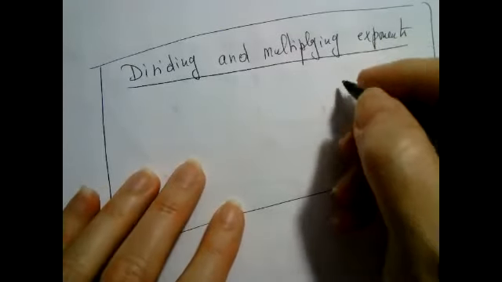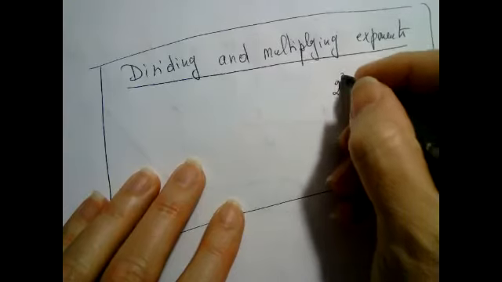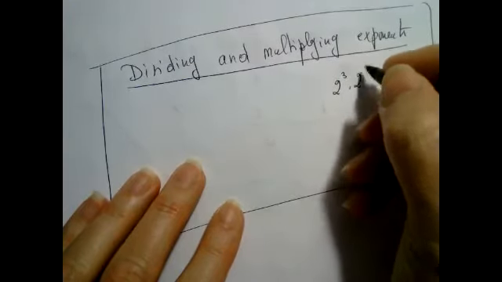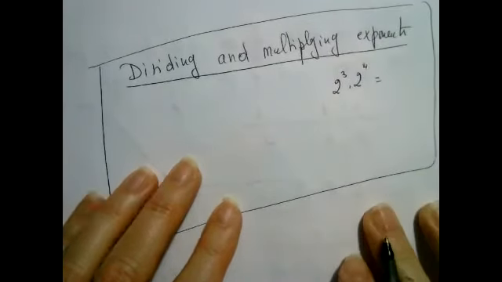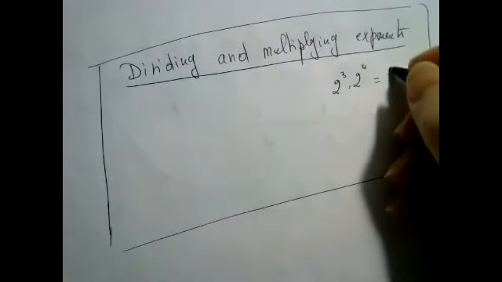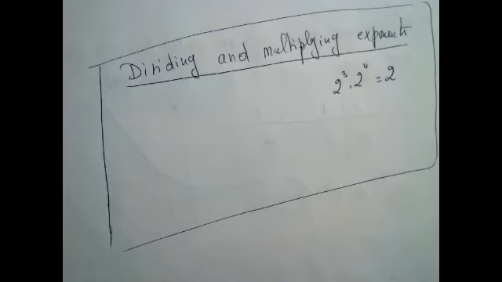So my question is the following. Suppose I have 2 to the power 3 times 2 to the power 4. My question to you, this gives me 2 to which power? Think about it in the most logical possible way.